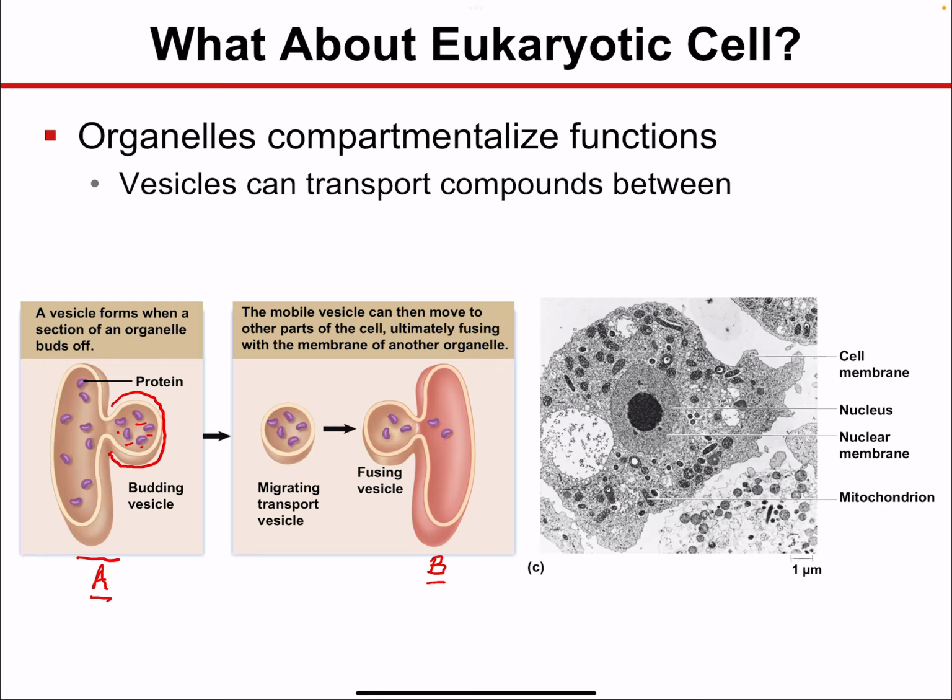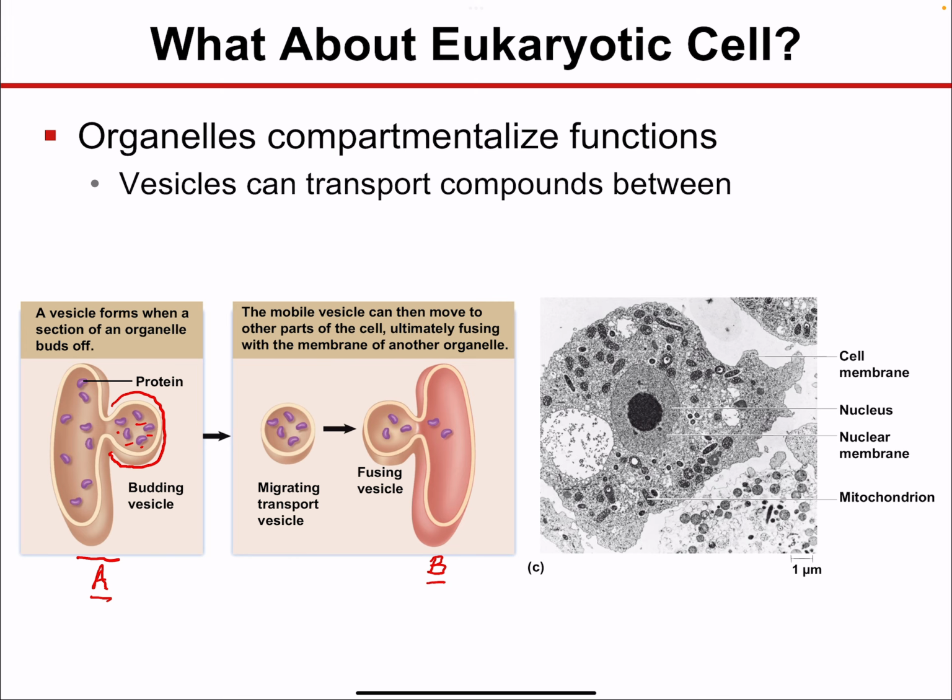We see that in the case of protein production, for instance, some proteins that are designed to go outside of the cell, when the translation of this protein starts, once the ribosomes start producing the proteins, these proteins are going to migrate into the rough endoplasmic reticulum.